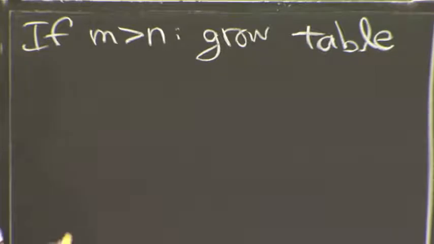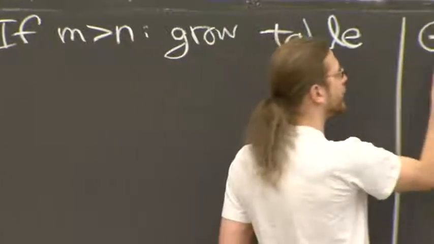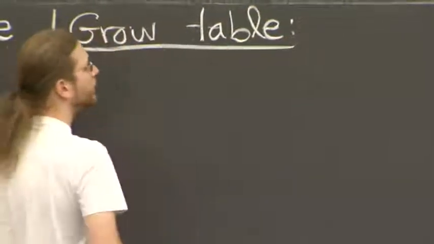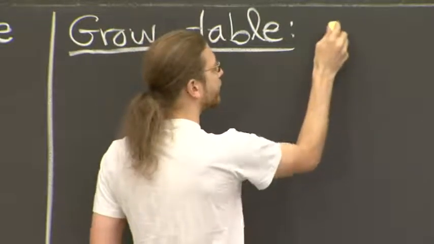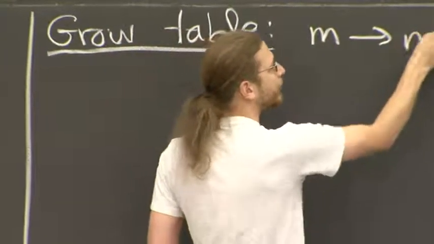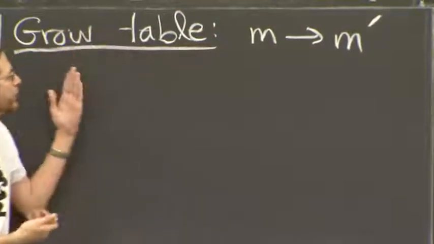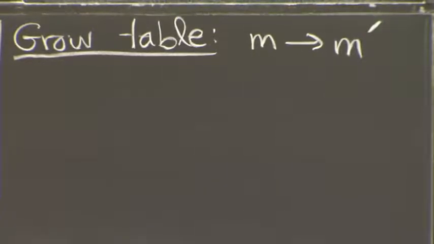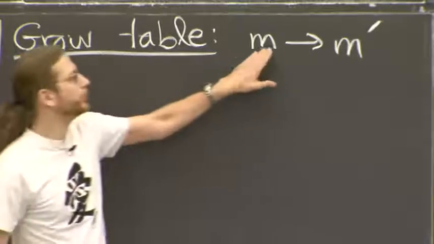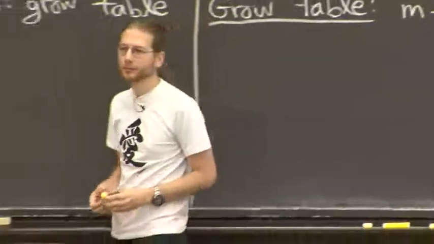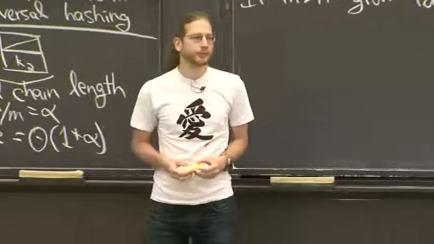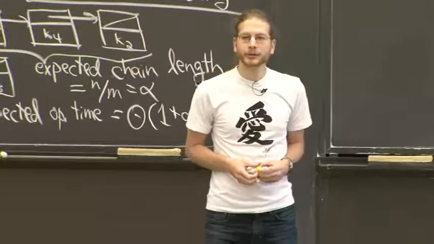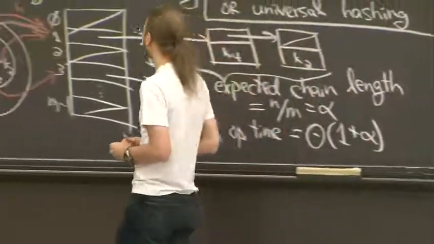Okay, let's take a little diversion to what does grow a table mean. So maybe I have current size m, and I'd like to go to a new size m prime. This would actually work if you're growing or shrinking, but m could be bigger or smaller than m prime. What do I need to do in order to build a new table of this size? Easy warm-up. Allocate the memory and rehash. So we have all these keys.